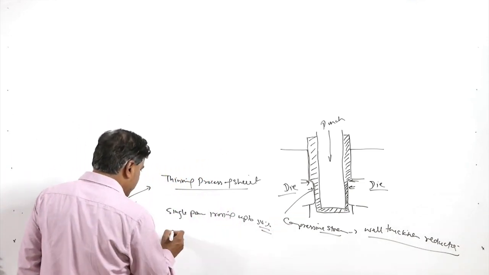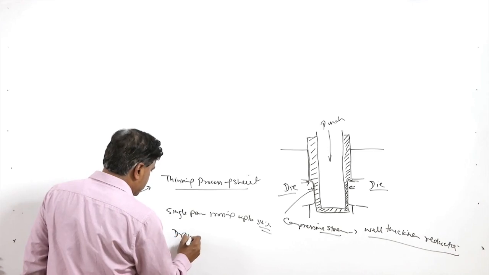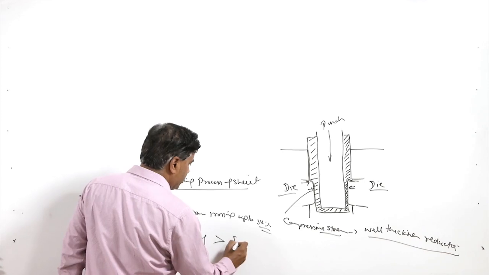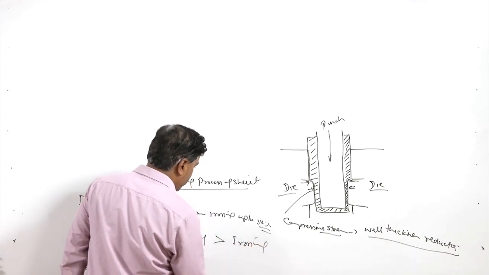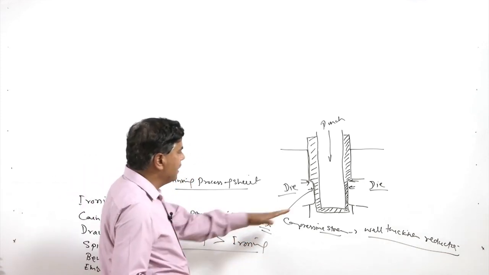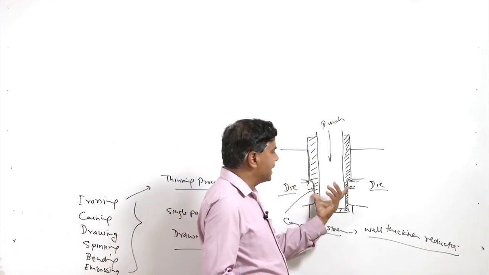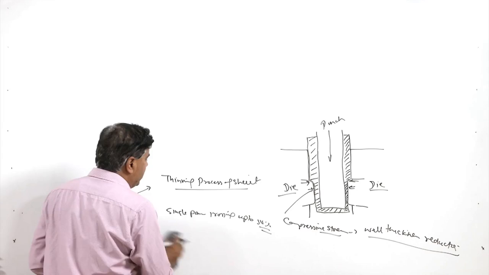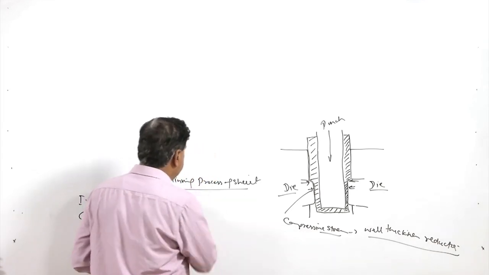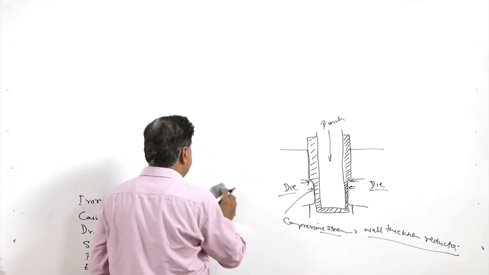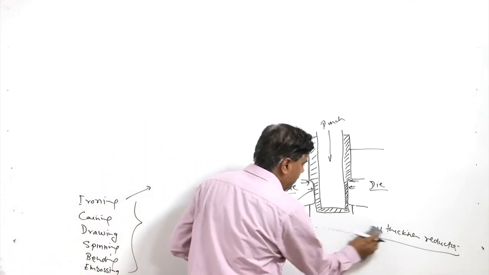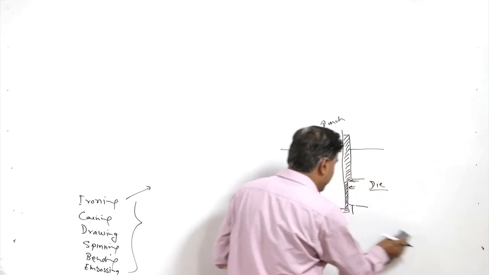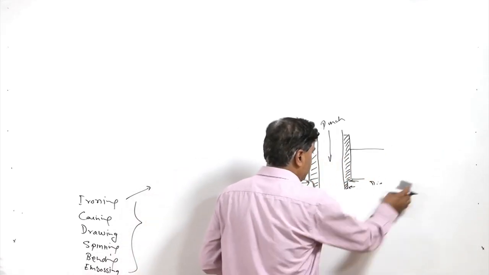The clearance used for drawing is larger than that used for ironing. Ironing basically helps to reduce the wall thickness of the sheet metal with the help of the compressive stresses generated when the metal is forced to pass through the gap between the die and the punch.